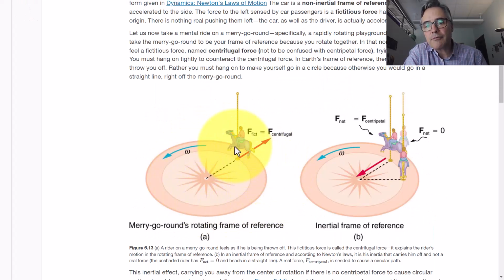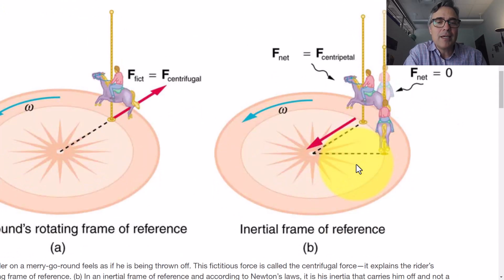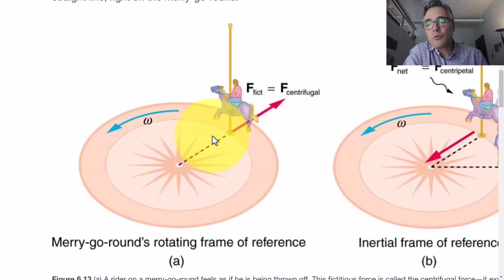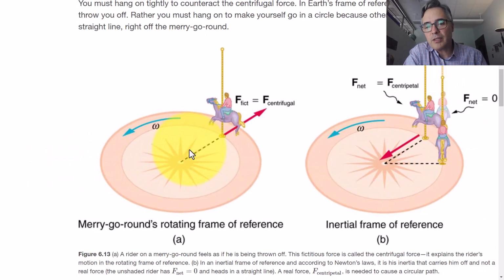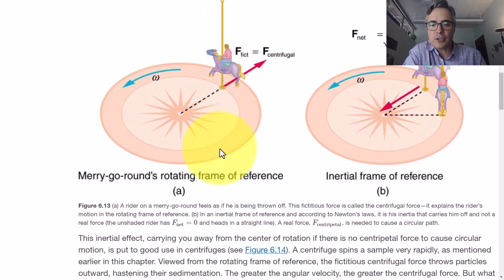So there's a rotating frame of reference with this fictitious force, and there's the inertial reference frame for the merry-go-round, which is the actual lab frame. So this situation B is the way we do physics in this course. We set things up in the lab frame and have a centripetal force. But they're saying that there is a way of analyzing things in which we go to a rotating frame of reference, which is non-inertial, so Newton's laws don't apply, and you get this fictitious force.